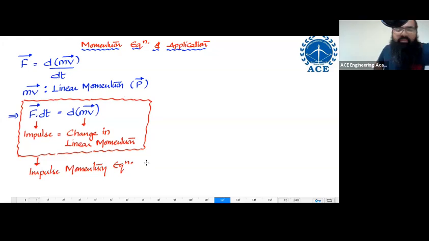But the problem with mechanics is generally people are not that comfortable with the concept of impulse momentum equation, because generally these are the last chapters in your syllabus, and you don't concentrate that much. But we are going to use this particular equation to develop the equation of force whenever the fluid is moving. The question is, how are we going to apply this equation in fluid mechanics?